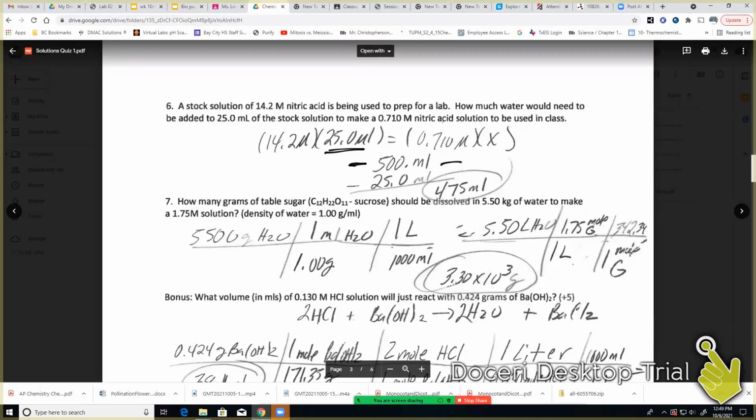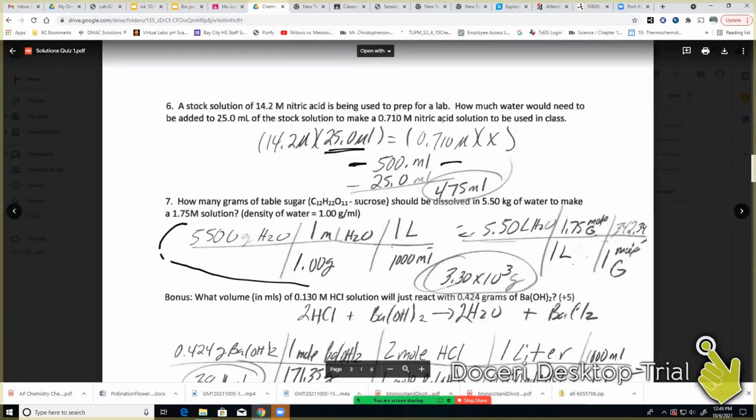I don't feel like you would actually be given that on the AP test because it's a pretty typical density that you should know. So I did some work here that you necessarily wouldn't have to show on an AP test. So if I have 5.5 kilograms of water, that means I have 5,500 grams. And because of the density, that's also going to mean that I have 5.5 liters.